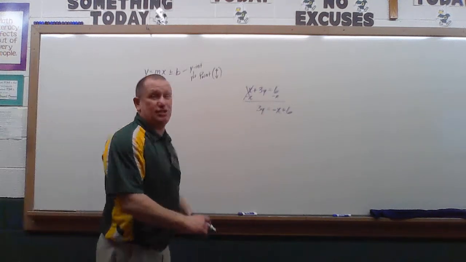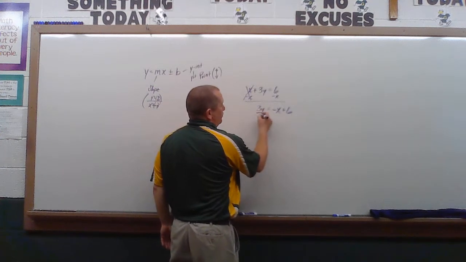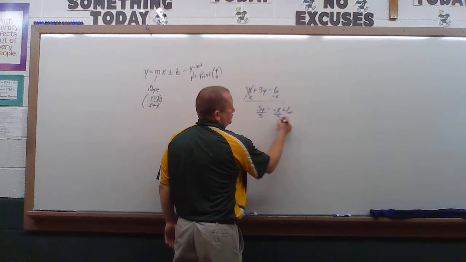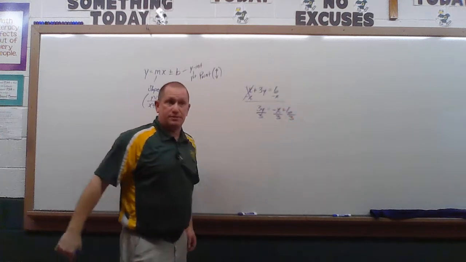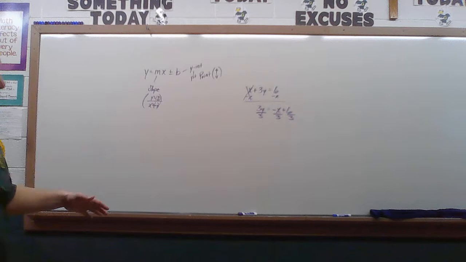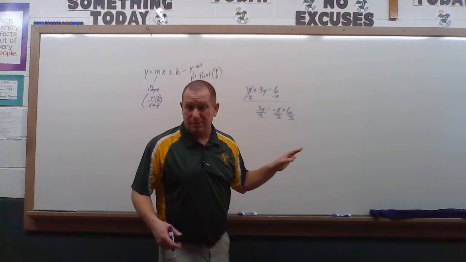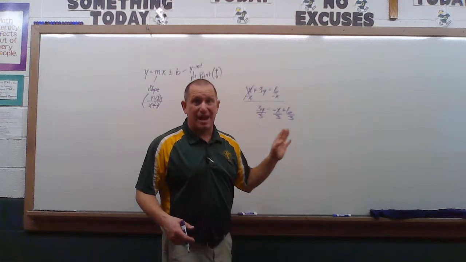Exactly right. So this is the most important part of this. When you're solving the equation, I want to divide 1, 2, 3 times. Whatever you do to one side, I have to do to the other side, but I want to do it to each individual part of the problem. That's really important.